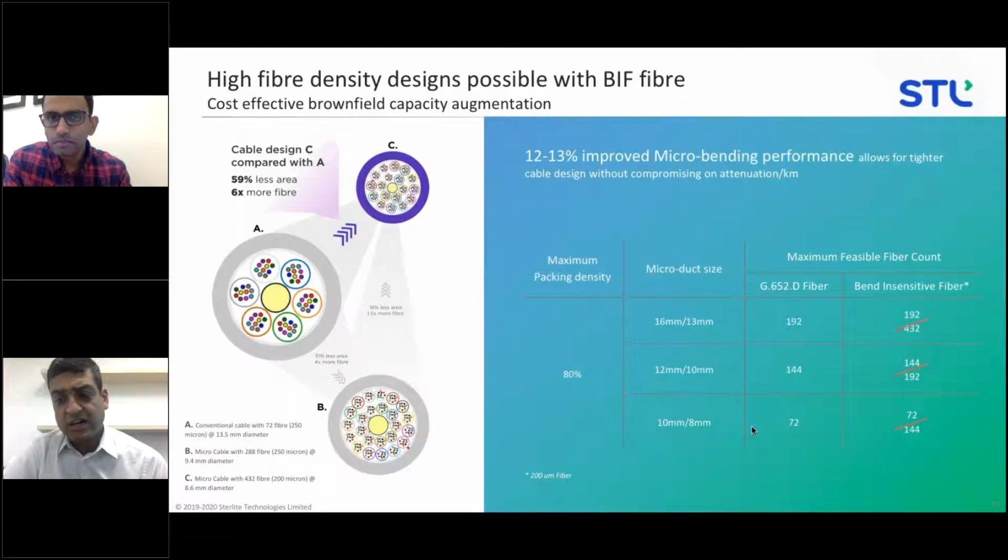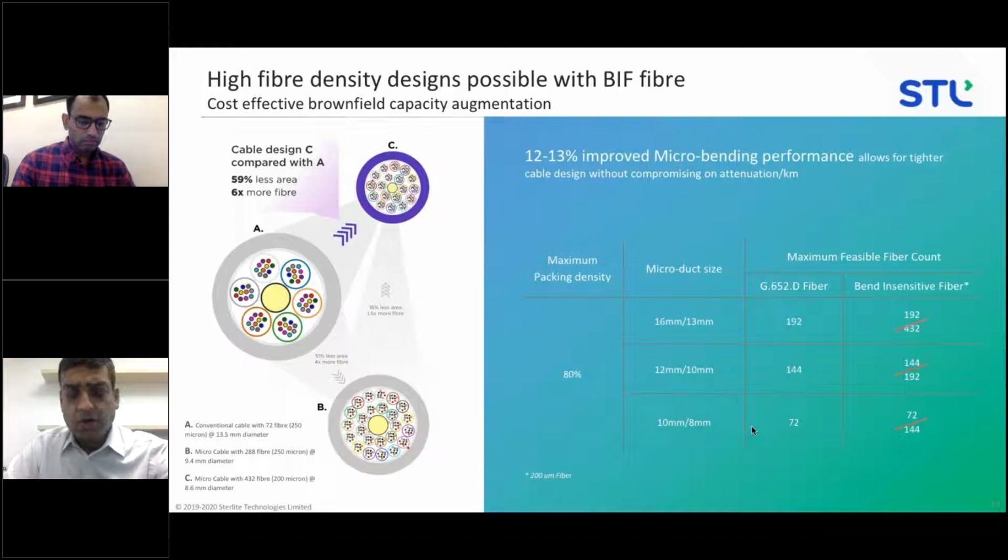On the other hand, this number can go up dramatically to about 432 fibers when we actually use G.657.A2, simply because of its ability to be cabled into tighter and tighter footprints. Now, this automatically means that your capex per fiber installed is quite different than what we would see with A2, and it enables the fiberization, the deep fiberization of networks.